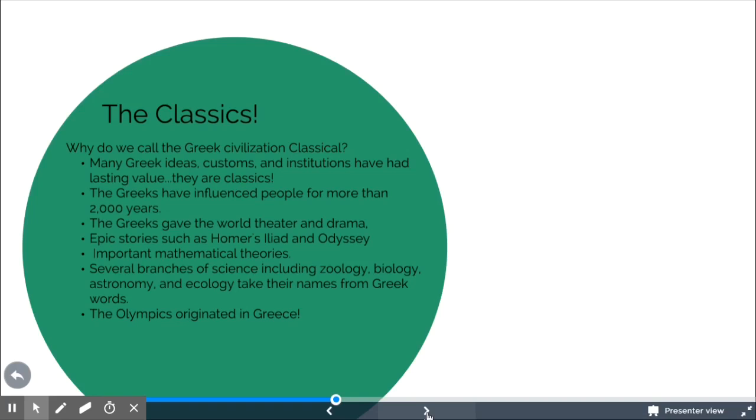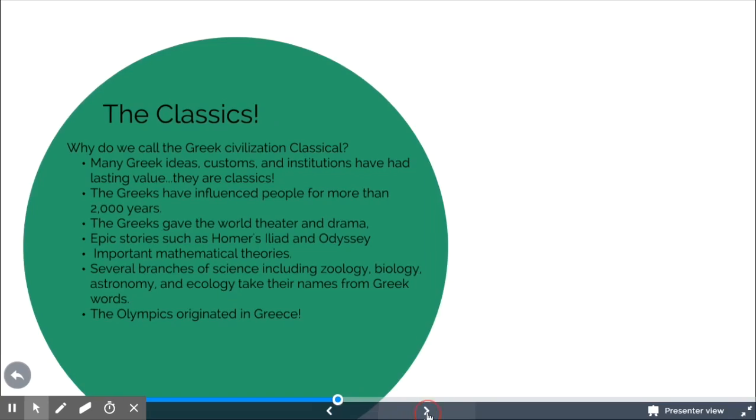That's from Euclid's geometry and others. They made a lot of sense of the world. Several branches of science and others, zoology, biology, astronomy, ecology. They also worked with philosophy, and the Olympics originated in Greece. So the Greeks really developed a lot of what we still use today.